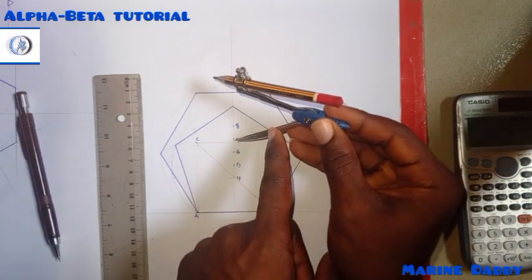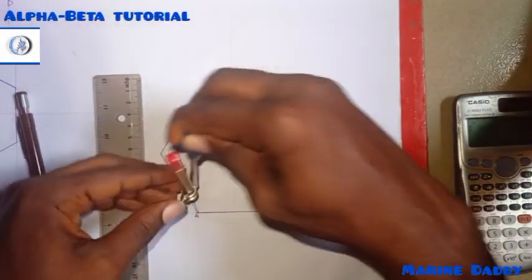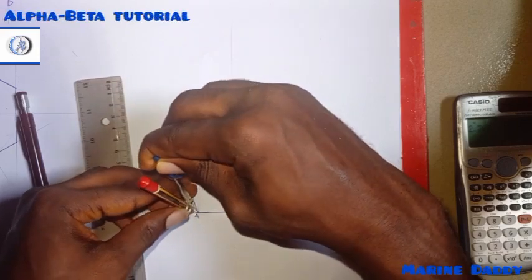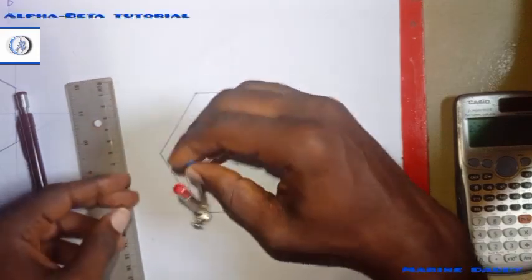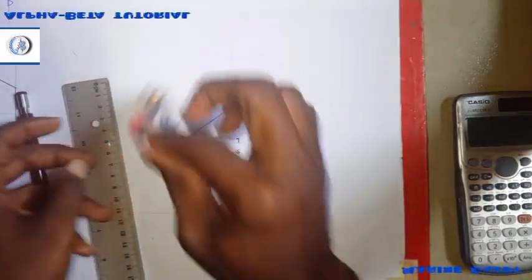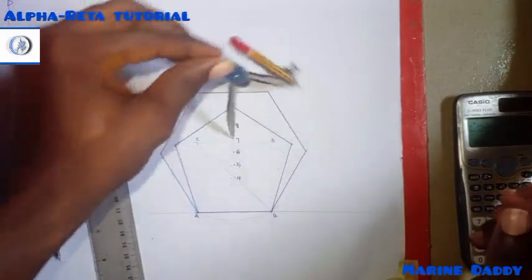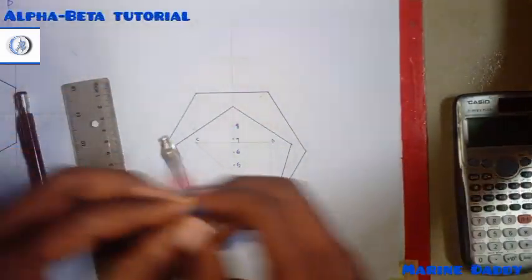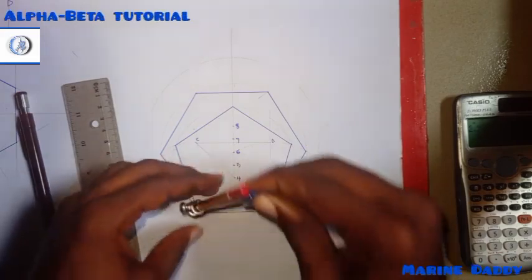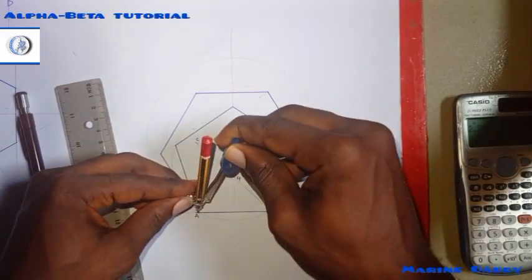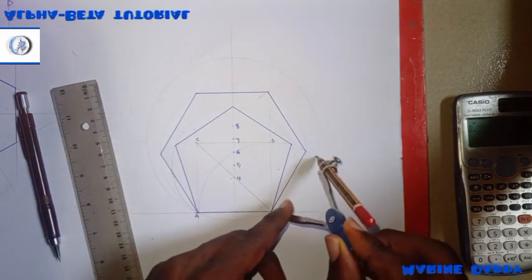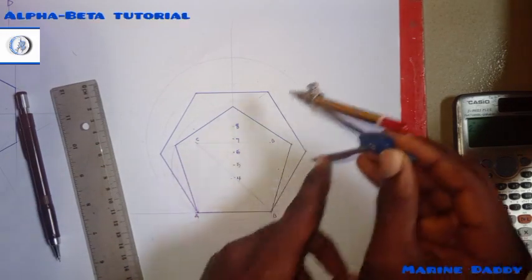For number 7, put it here. Open your compass to A. Then you draw. After drawing, A to B is the length that you were asked to use. So I strike 1, 2.